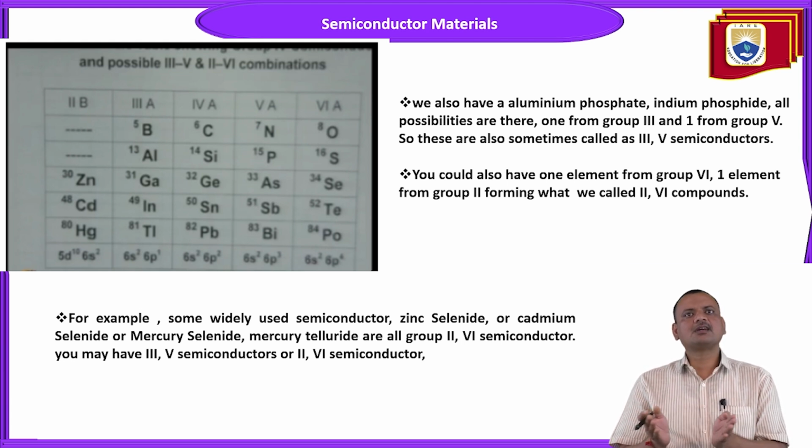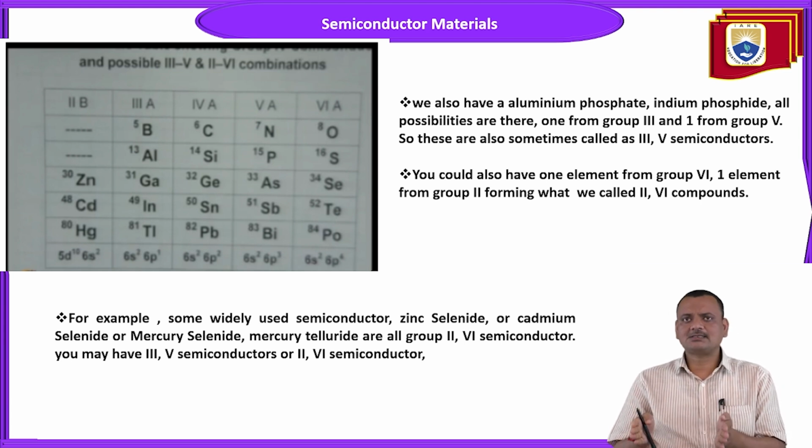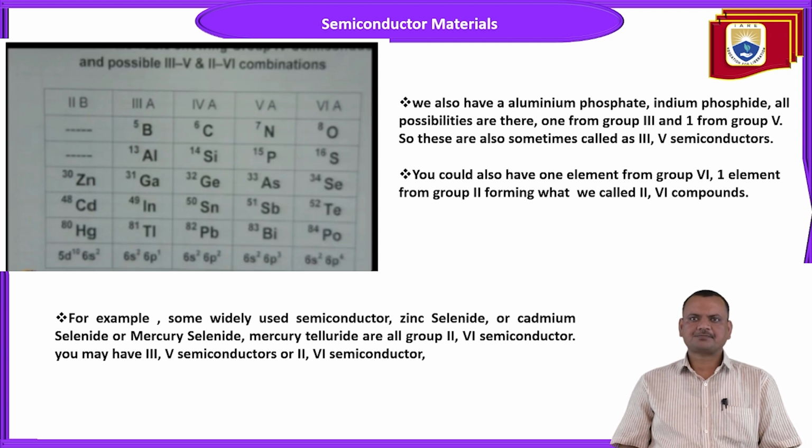The same stability mechanism is also available for second and sixth group elements, like zinc selenide. Zinc is a second group element and selenium is a sixth group element. Once you mix zinc with selenium, the octet completes and stability is achieved.